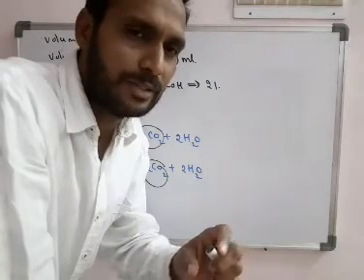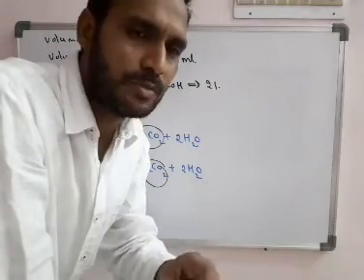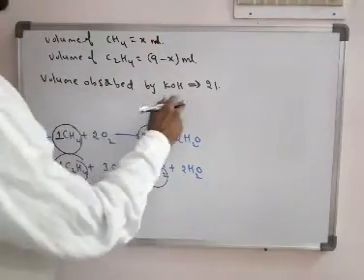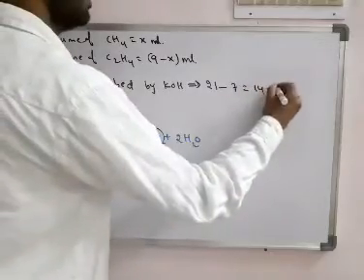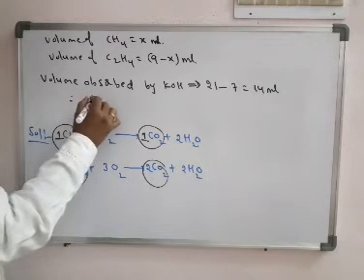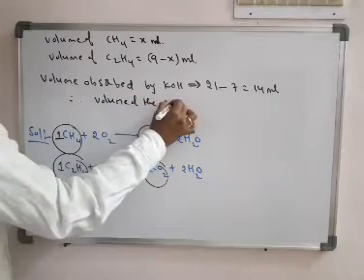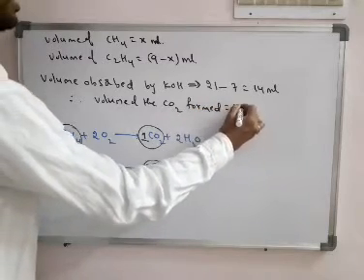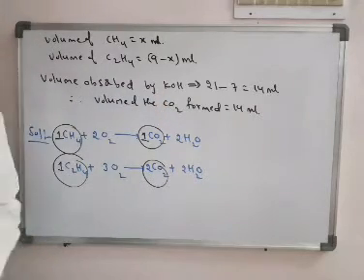Whatever gas is absorbed, we know that it is CO2. So the volume absorbed by KOH is 21 minus 7, that is 14. Only 14 milliliter of the gas is absorbed. Therefore the volume of the carbon dioxide formed is 14 milliliters, because potash absorbs only carbon dioxide.